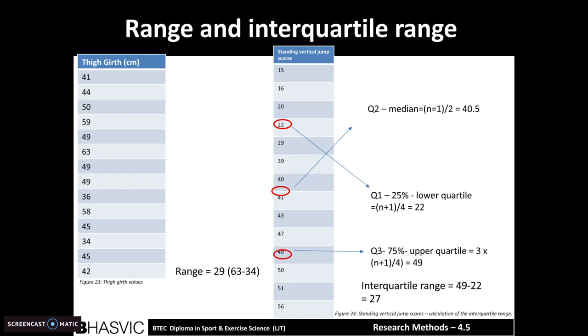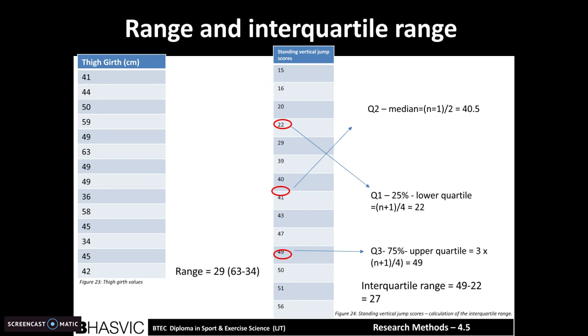But I'm going to round the position value up to 4 so that I'm using whole numbers. Then the lower quartile is in the 4th position, so it would be 22 in this example. To then calculate the position of the upper quartile, you take the lower quartile's position and multiply it by 3. So in this example, it would be 3.75 multiplied by 3, which is 11.25.